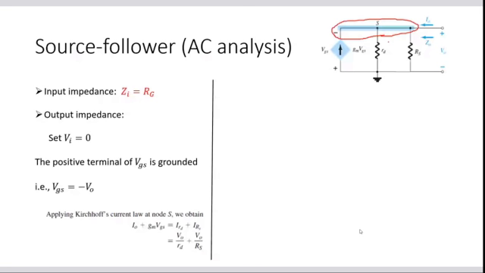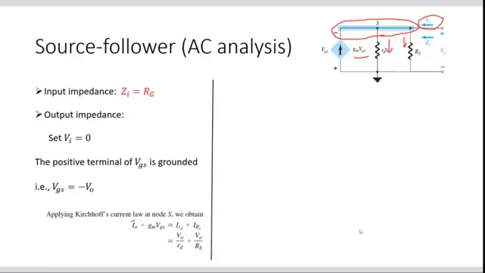The incoming currents are gm into VGS, and I naught is another incoming current. The outgoing currents are the current passing through rd and the current passing through capital RS. That's why we have this equation: I naught plus gm VGS, this is the incoming current, and this is the outgoing current.